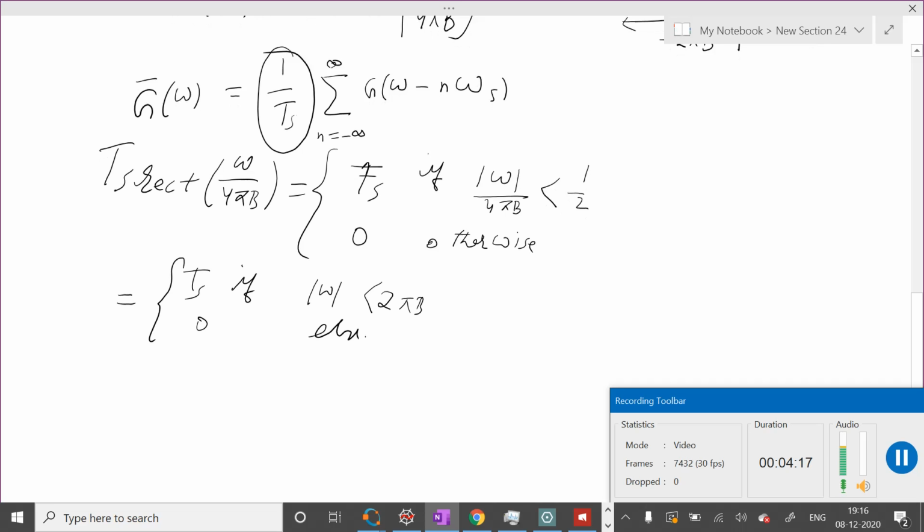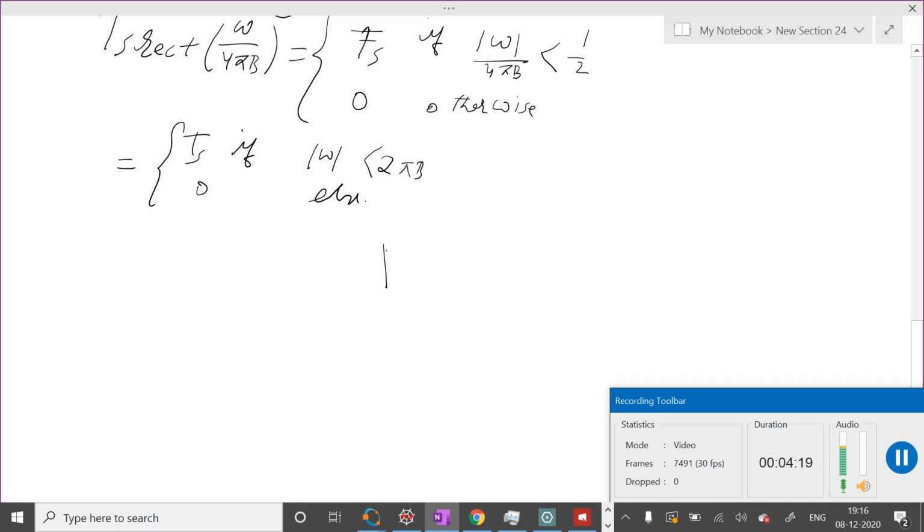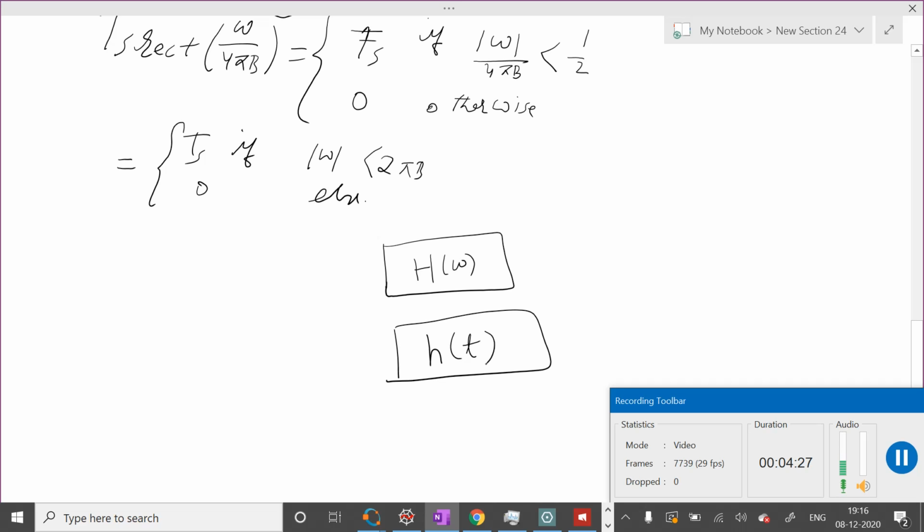Okay, now we have a filter whose frequency domain we represent by h of omega. Let the time domain impulse response be h of t. Okay, so now we need to figure out the time domain relationship. Now first of all, what will be this h of t?